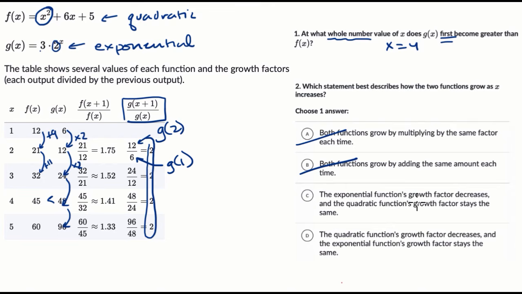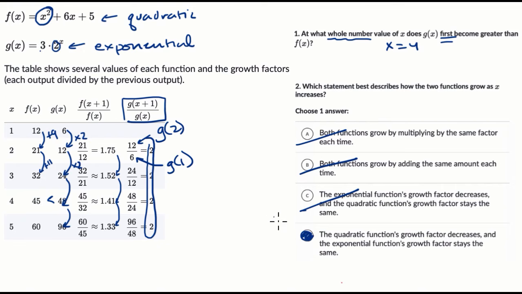So the exponential function's growth factor does not decrease. So hopefully D is our answer. Let's see. The quadratic function's growth factor decreases. We see that. The quadratic function's growth factor does indeed decrease. And the exponential function's growth factor stays the same. Yep, that's what we've already talked about. So we like choice D.